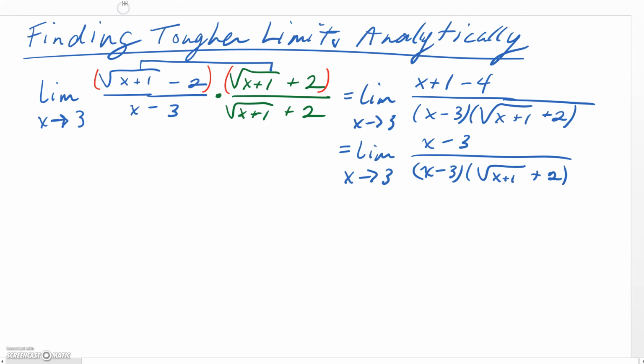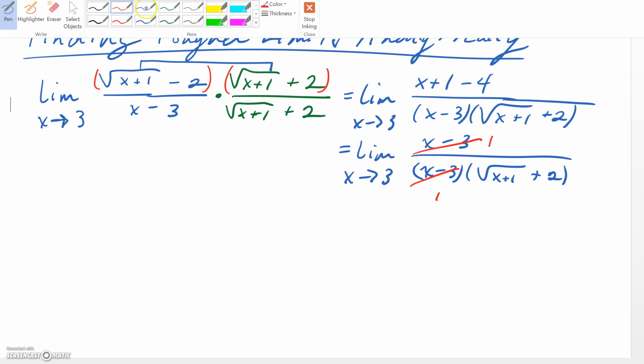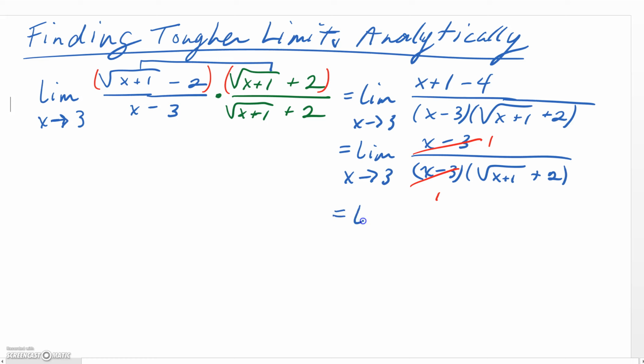Now we can divide the factors that are the same, the x minus 3's, which transforms this limit into the limit as x goes to 3 of 1, which is not 0, 1, divided by the square root of x plus 1 plus 2 in the denominator.